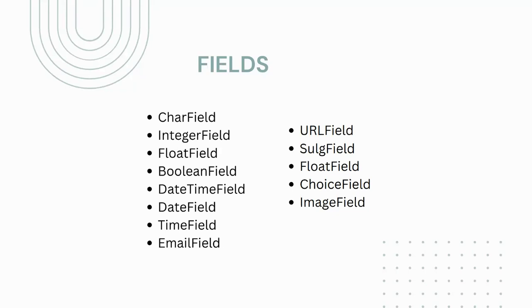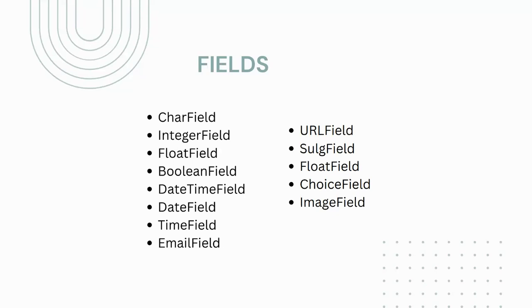And the next are the date and time fields, which store date and time data separately. And the next is the email field for storing email addresses, and the URL field for storing URLs like website addresses or link resources. The slug field is used to create a URL friendly representation of data like article titles or user friendly identifiers.